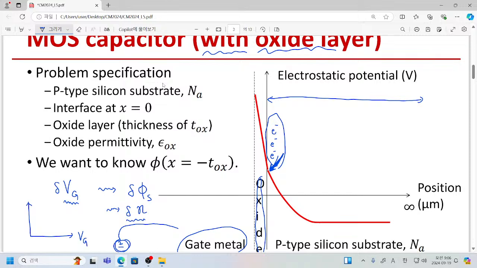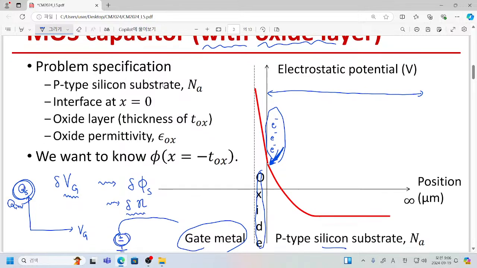For example, as a function of gate voltage, we want to calculate certain charges collected in the semiconductor region, or sometimes the inversion charge. We can do it by performing today's study.